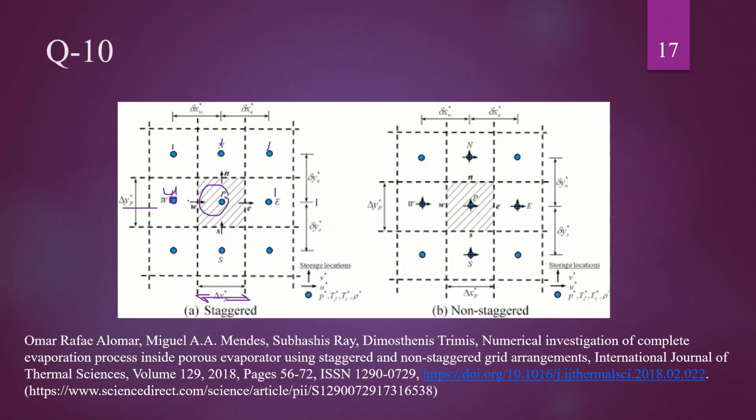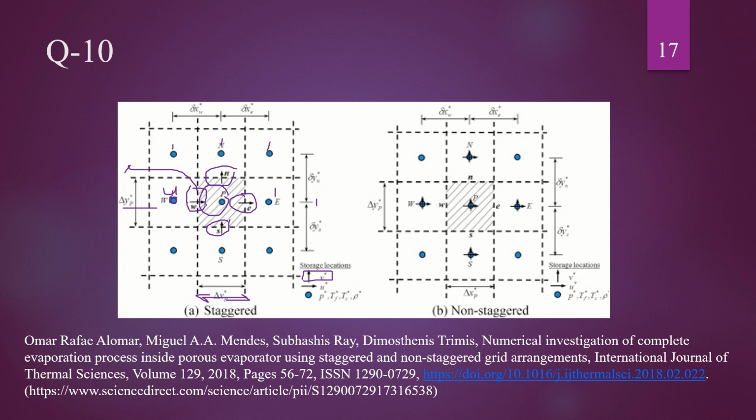But instead, if we are using the velocity, here we can see that the upward arrow denotes V star. This is present here and here. Right hand arrow denotes U star. This is present here and here. And points denote pressure, temperature, density, everything. So consider we are solving the x momentum equation and discretizing it.